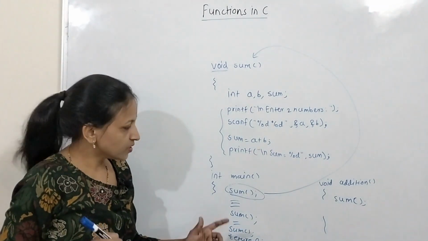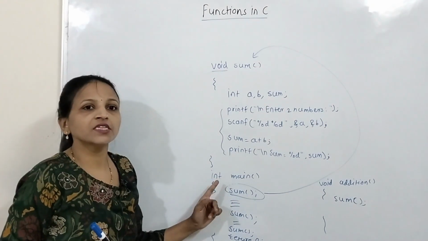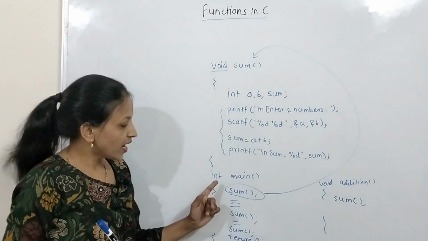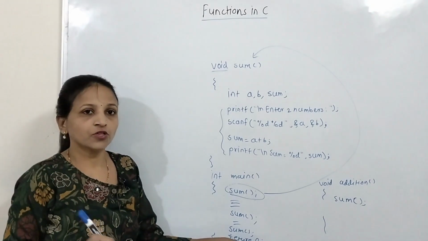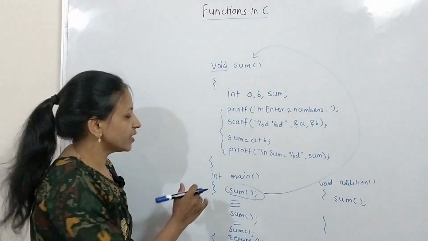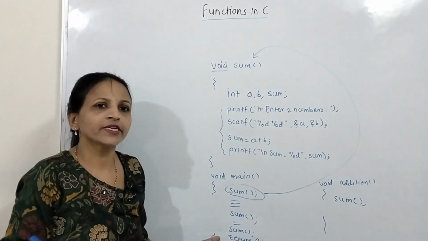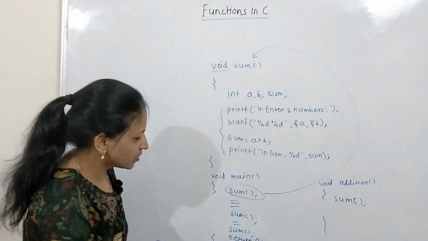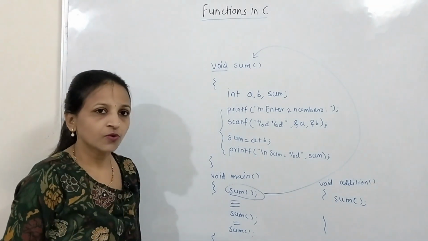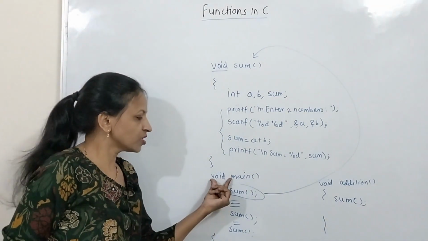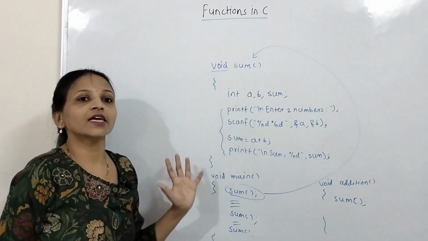This means I am mentioning that this main is returning one integer value, and that's why I have to write return 0. It is compulsory. If you are writing void, it means your main function is not returning anything outside, so there is no need to write this. In this way we can mention the return value's data type.